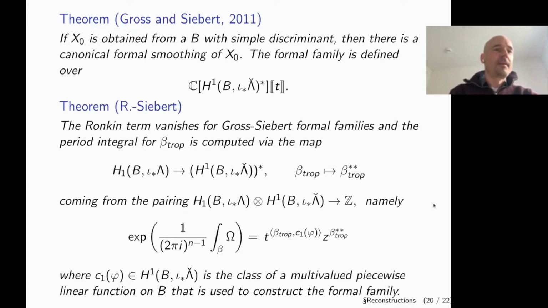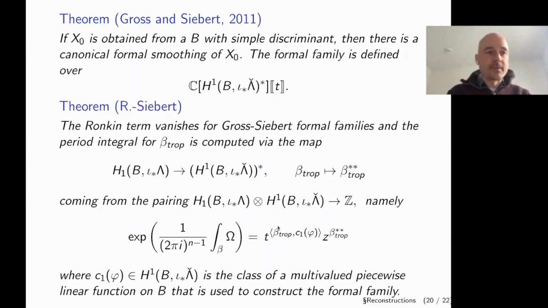And then the following happens. Now we compute this period integral with the formula I just gave in the previous slide, and it becomes very simple if you use the pairing. So here you look at, if I exponentiate, of course, the log term, log t becomes then t to some power, and the power is kappa that I had before. There was a number of crossings. But here's a way to compute this number of crossings.